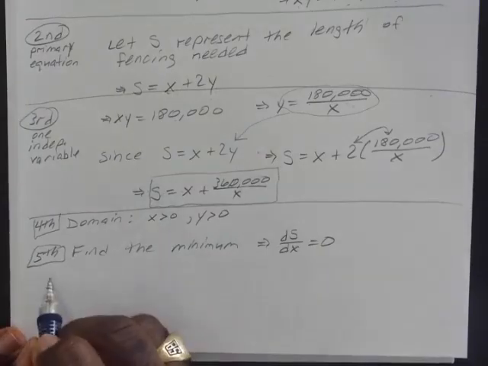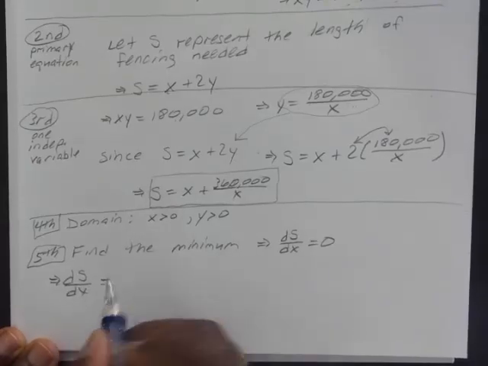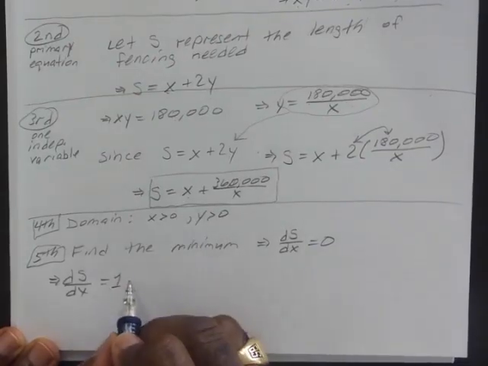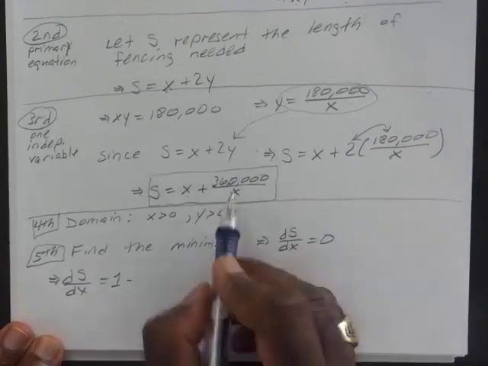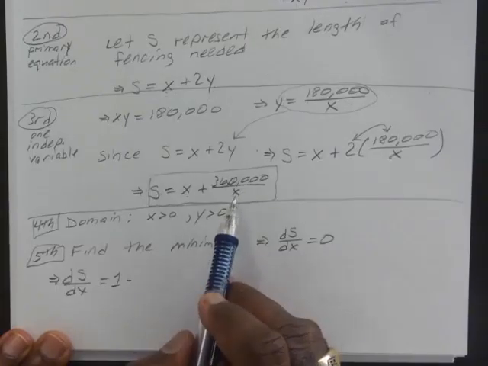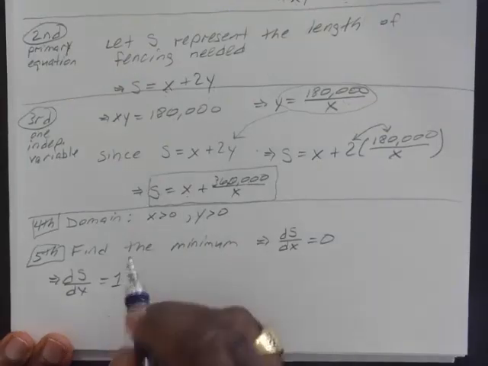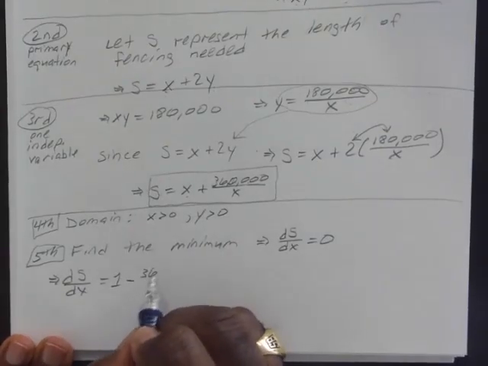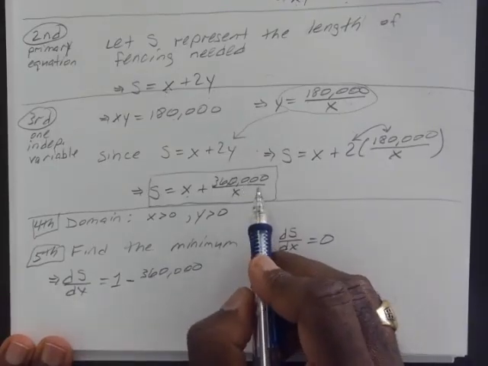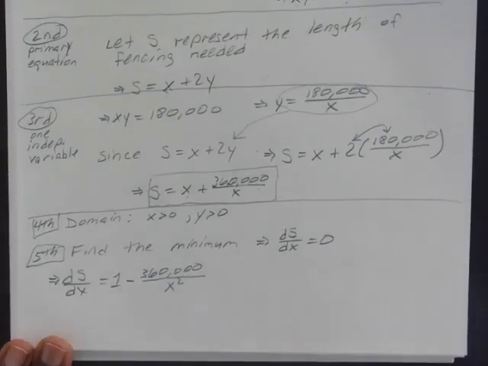Okay, well, if we take our derivative of S with respect to x, that's equal to the derivative of x, which is just 1, minus the derivative of 360,000 times x to the negative 1 power. We bring down the negative 1, so that's negative 360,000, and that's to the power of negative 1 minus 1, so that's to the negative 2 power, which we could just put in our denominator.